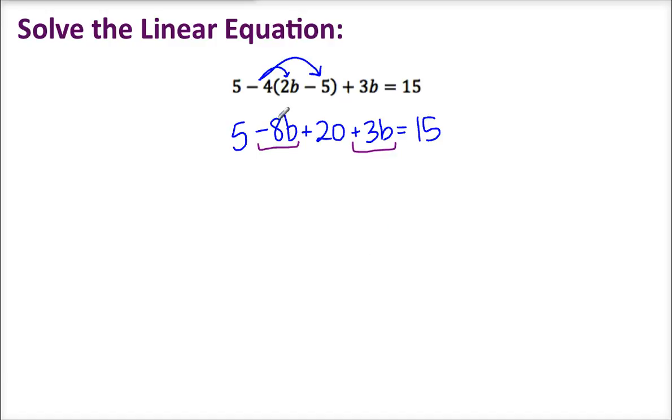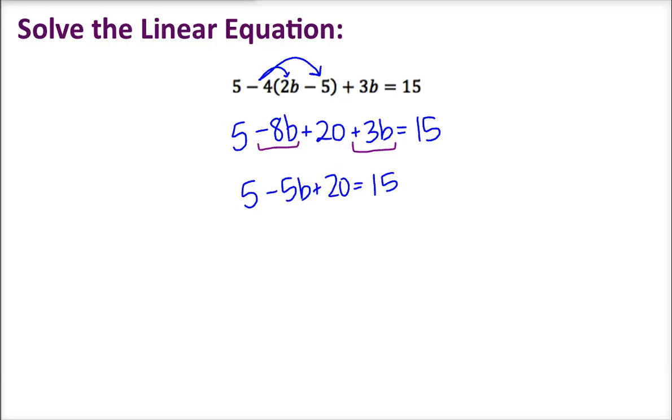I can combine these. I have -8b's plus 3b's. So -8 plus 3 is -5. Check it with a calculator if you don't believe me. So -5b's, and then I still have 5 and plus 20 equals 15. And there's actually a little bit more simplifying I can do.